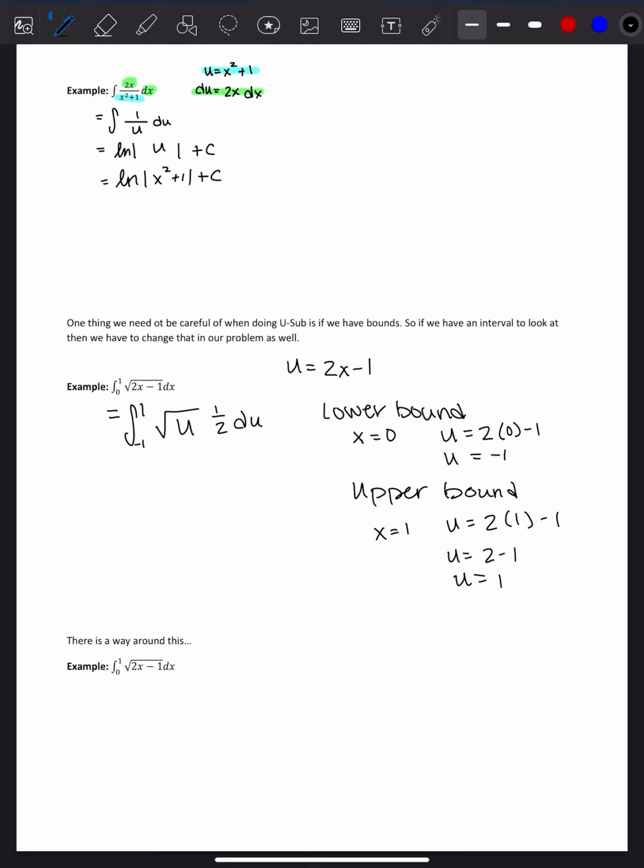doing the indefinite integral of the square root of 2x minus 1 dx, doing all of the u substitution like normal.